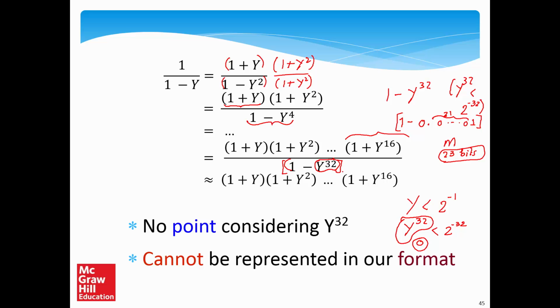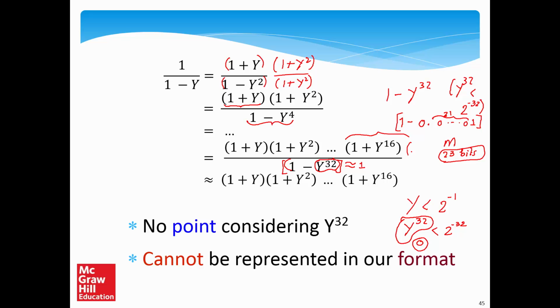As a result, there is no point in multiplying this with even more terms, and the term 1 minus y to the power 32 is practically 1, because irrespective of whatever its value is, it cannot be represented. It also makes no sense to multiply the numerator and denominator with other terms.